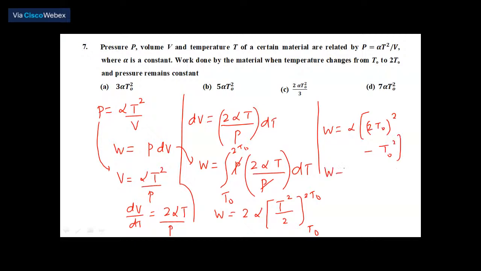So work done is equal to alpha times 4 T naught squared minus T naught squared, which is 3 T naught squared into alpha. So the correct option is 3 alpha T naught squared. Option A is correct. So 7th one, option A.